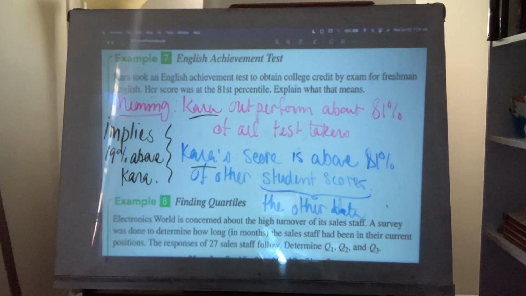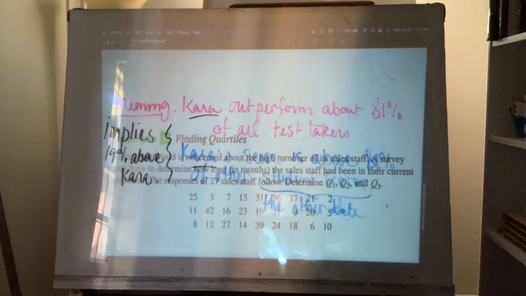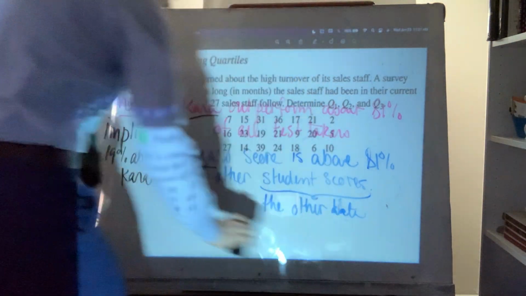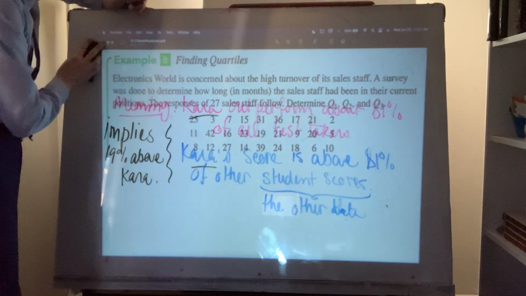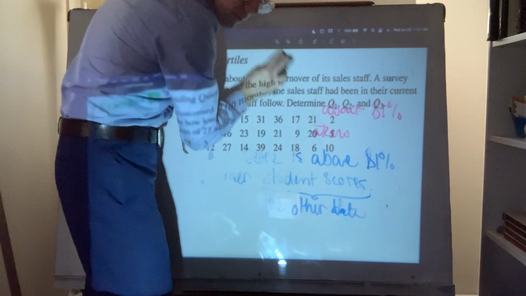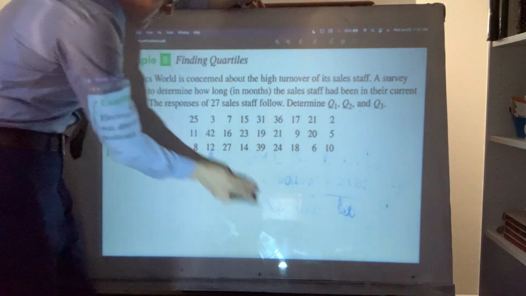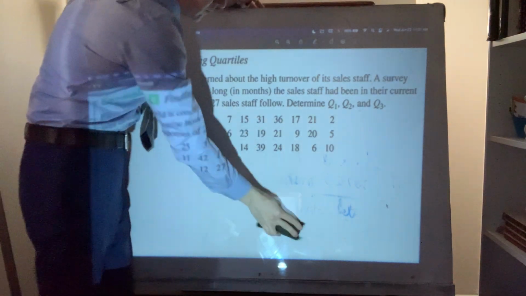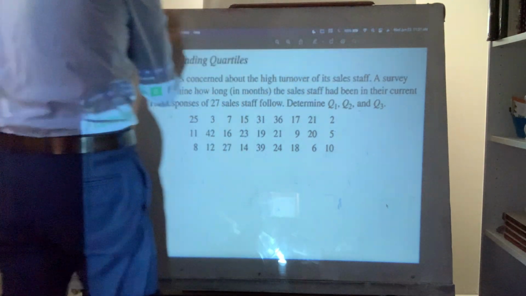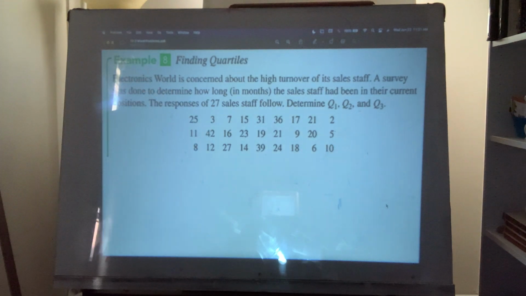Let's look at this, looking for quartiles now. Here you have a data array, it's just not in an actual frame.